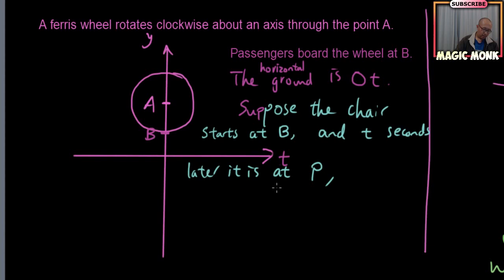Starts at B and t seconds later it is at P, which has a vertical height.